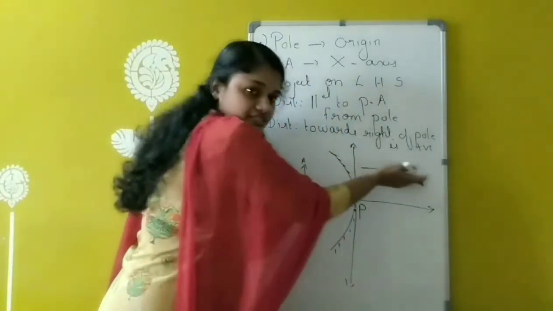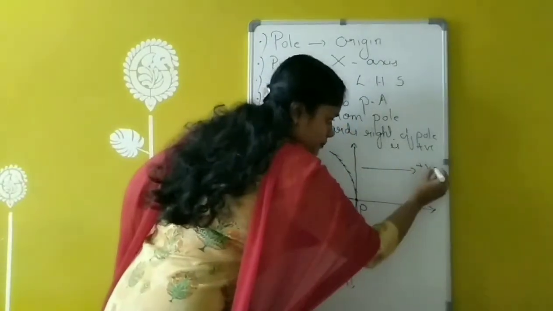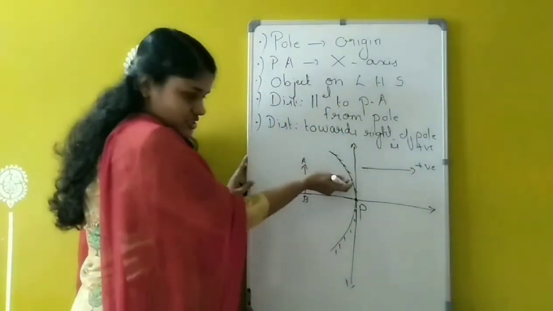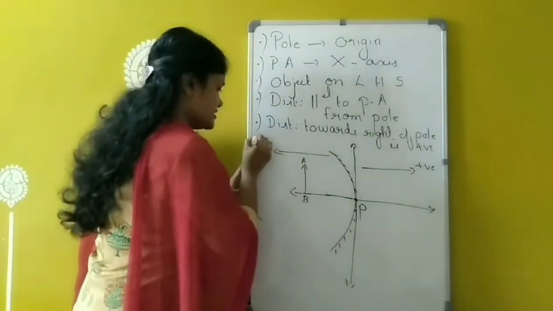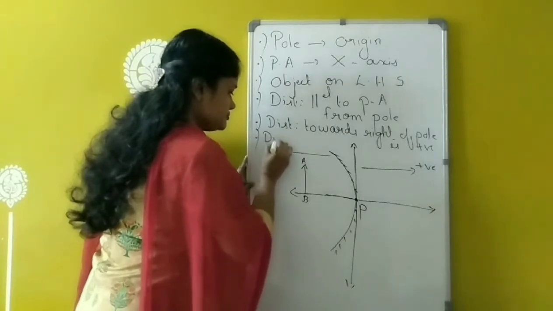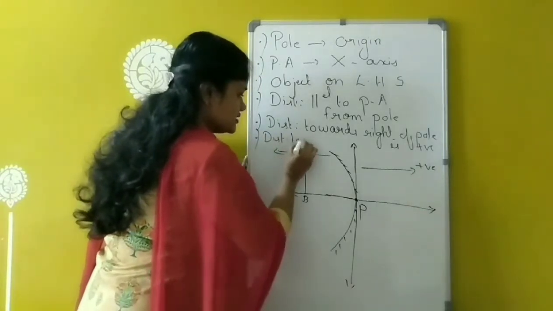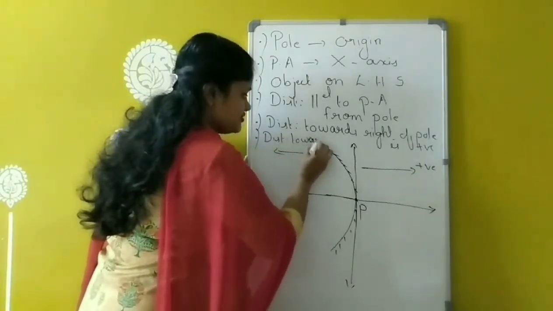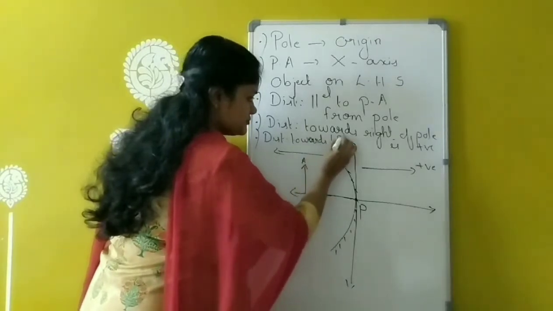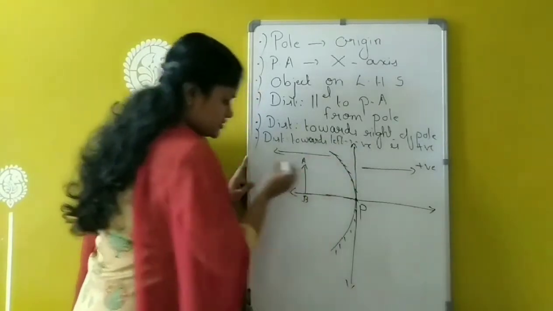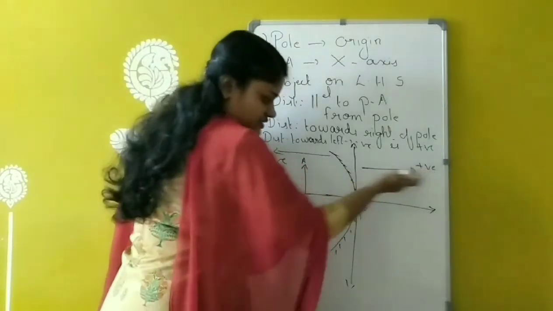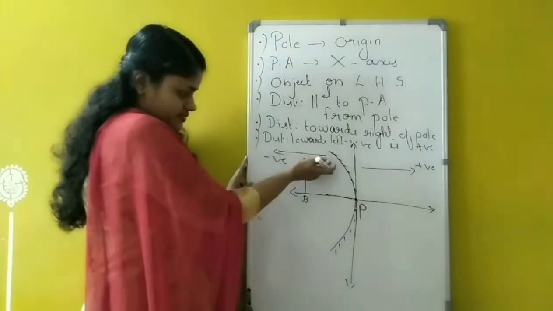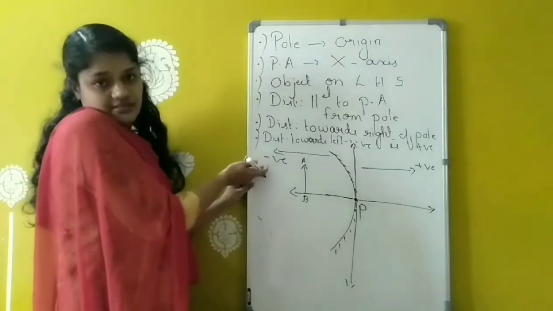Distance measured towards the right is taken as positive, and distance measured towards the left is taken as negative. So this side it is negative. Clear? Distance measured towards the right of the pole is taken as positive, and distance measured towards the left of the pole is taken as negative.